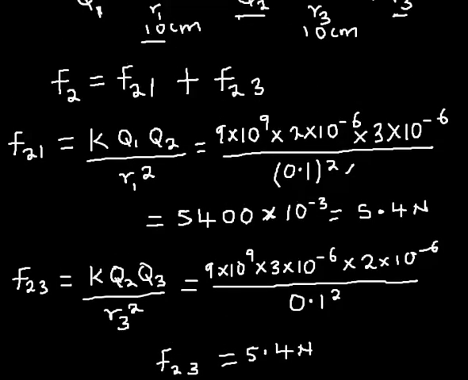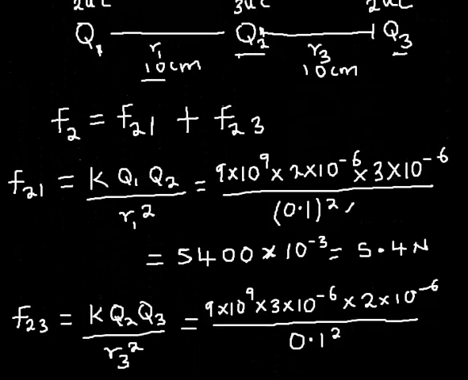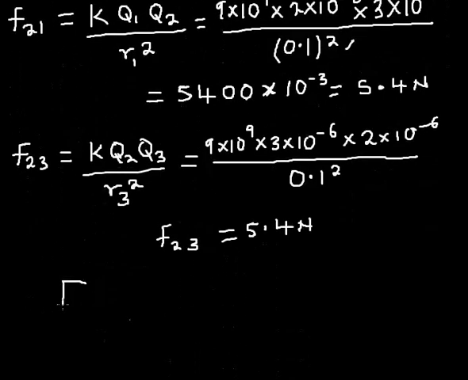So that being the case, remember the total force F2 is going to be equal to the force on Q2 due to Q1, then the force on Q2 due to Q3, right?